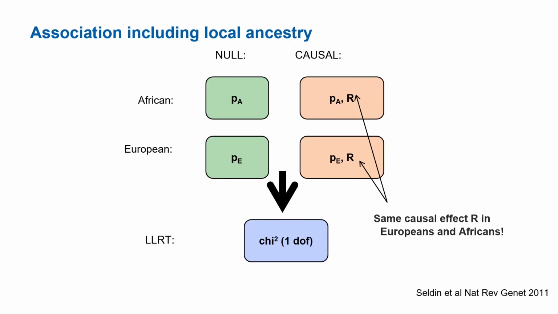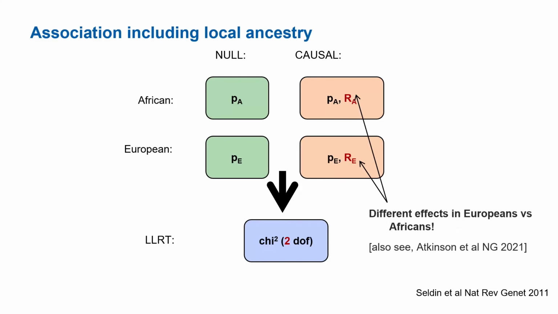So it's equivalent to a meta-analysis, for those of you that are more interested in that area, where we ask whether the effect size on the European background and the effect size on the African background are uncoupled, and we assign them the same causal effects, and this allows us to run an association scan that is treating these 2 effect sizes in different components of the lineage. And because I'm assuming the same odds ratio or the same effect size, then it's still a 1 degree of freedom test that is equivalent to running this test in Europeans and Africans and then meta-analyzing under fixed effect assumption.